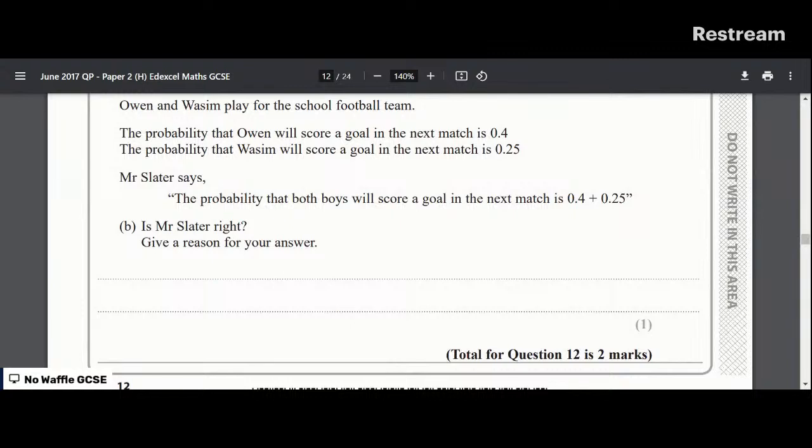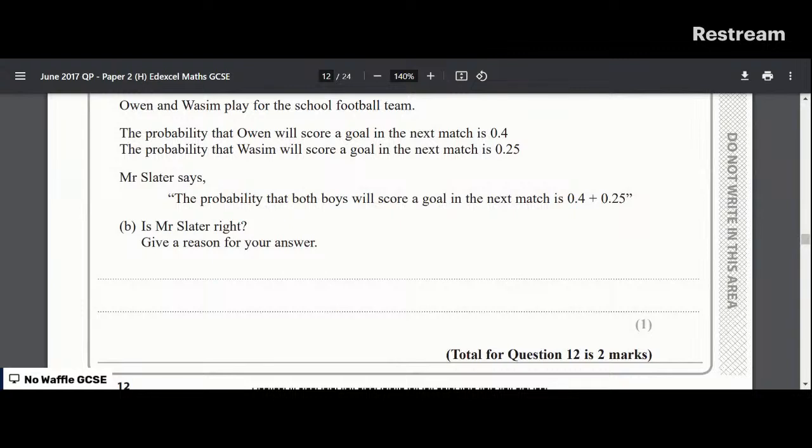Is Mr. Slater right? So, what have we got here? Probability that Owen will score a goal is 0.4. Probability that Wasim will score a goal is 0.25. The probability that both will score a goal, no, that's not correct.